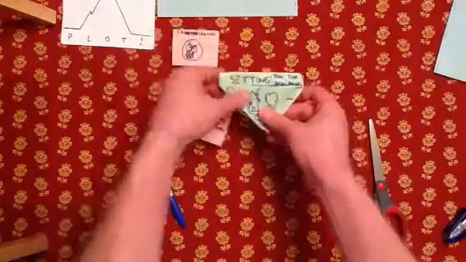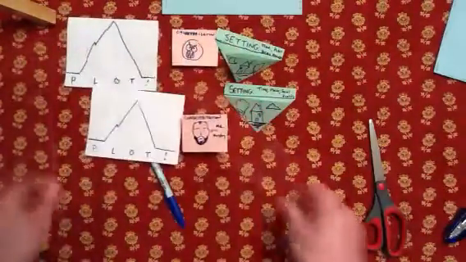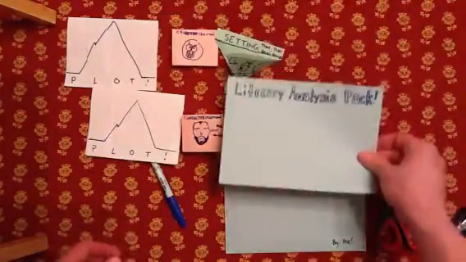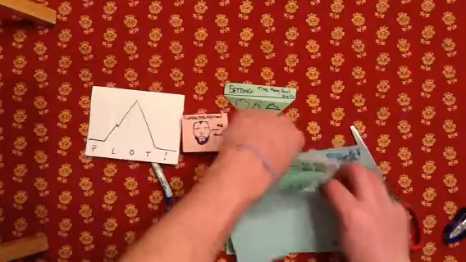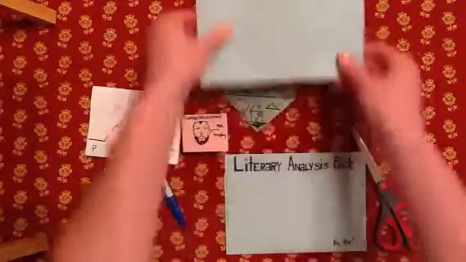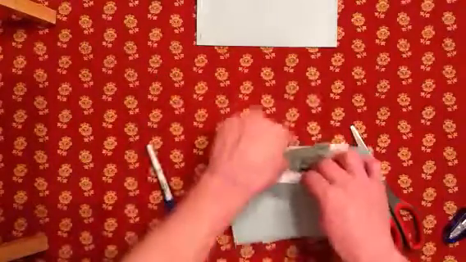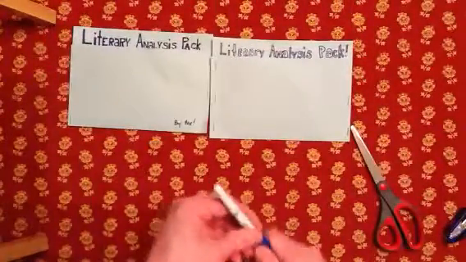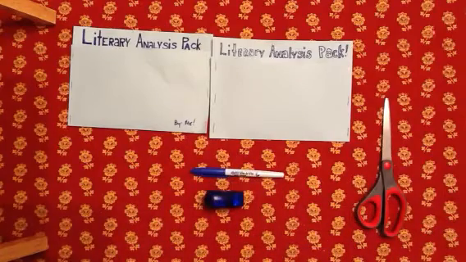Got my setting thing, got my plot thing, got my characterization thing, and got my literary analysis pack. So do you. So yours are all going to go inside of yours. You're going to hold on to it. Mine are all going to go inside of mine. I'm going to hold on to mine. Make sure you write your name. Enjoy. We'll have fun with this. Promise.